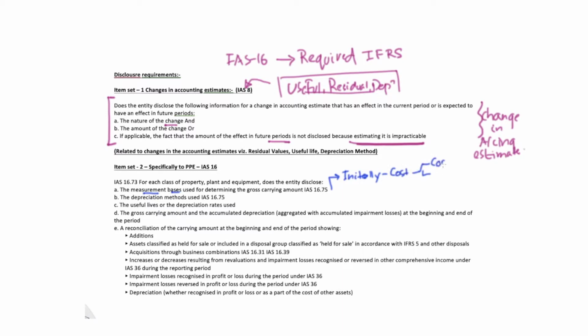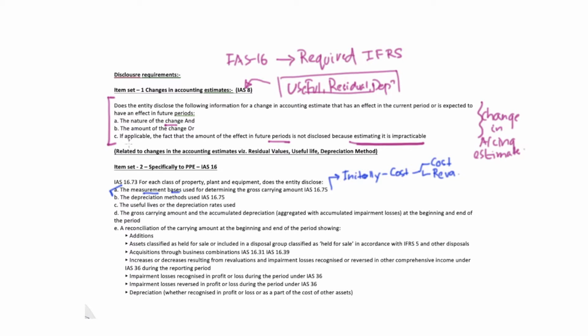They can either go for the cost method or they can go for the revaluation method. So they need to provide a disclosure on a class by class basis on what measurement basis they have taken. Basically, if it is different across the classes, then the class by class disclosures will follow.